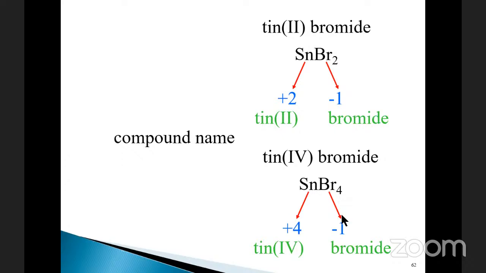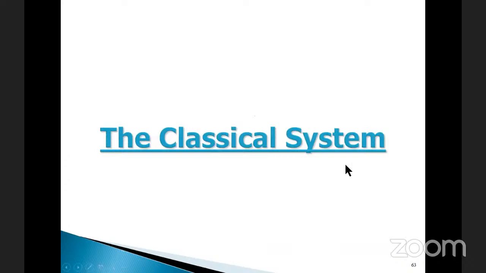So for example, let me see if I can write something here just to show an example. In the case of sodium chloride, the formula is NaCl without any Roman numerals. According to IUPAC, if you put a 1 here to indicate the charge for the sodium, that is not right.